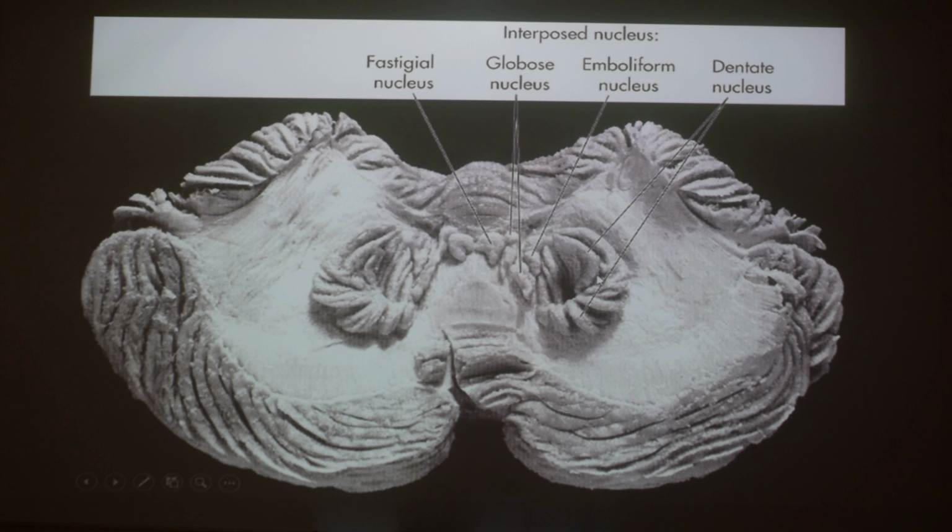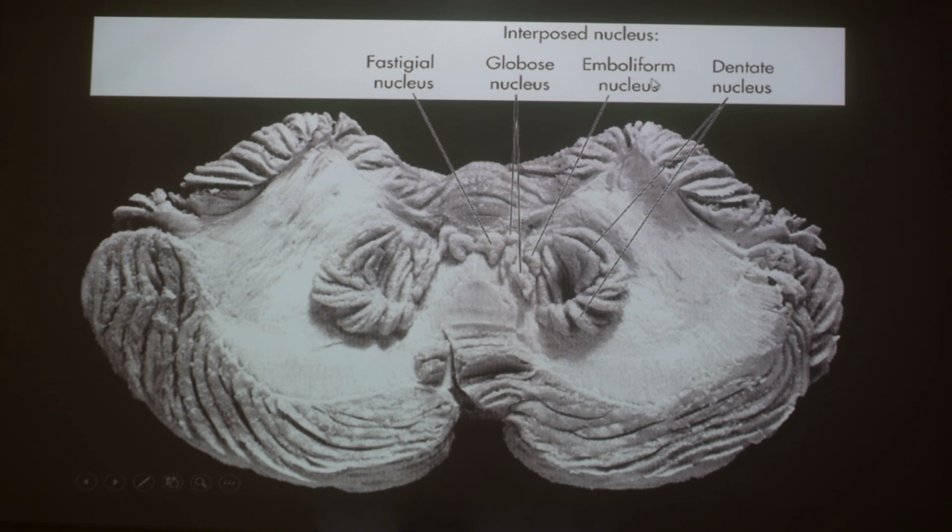If we start from lateral to medial, laterally you see this nucleus which has a saw-shaped or tooth appearance. As it has a tooth-shaped appearance, this nucleus which is the lateralmost nucleus is called the dentate nucleus. It's called dentate because it is saw-shaped or has a tooth-like appearance. Within the curve of the dentate nucleus, you see these two nuclei.